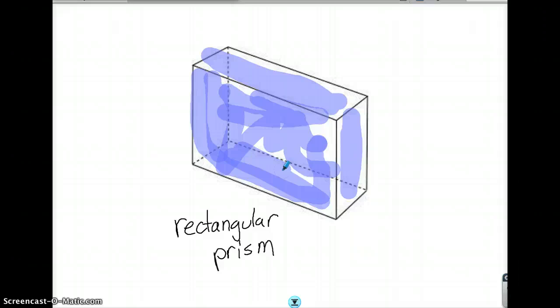How would you find out the surface area of this entire shape? Now notice I haven't given you any measurements. I just want you to tell me what your plan is in words. So as you come into class tomorrow, you whip out those journals and you tell me, what is your plan? How would you go about finding the surface area of this entire shape?